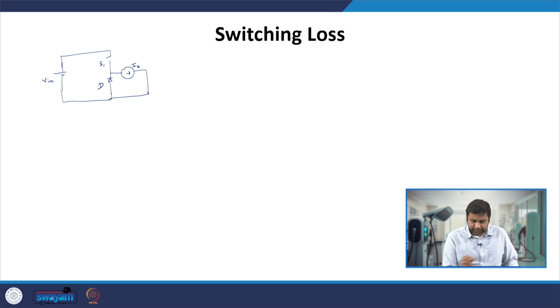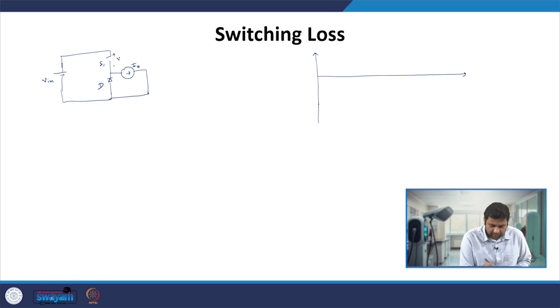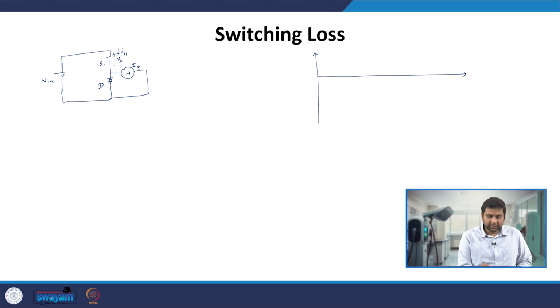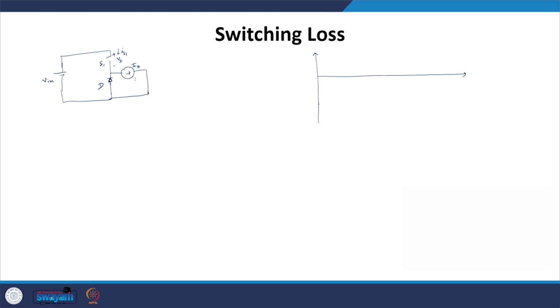Let us try to draw the voltage Vs1, and let us assume the current going through the switch is Is1. Whenever S1 is on, Is1 is equal to I naught, and whenever my switch is off, the I naught will be freewheeling through this diode D.